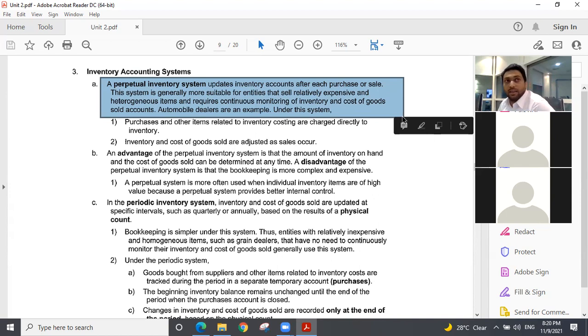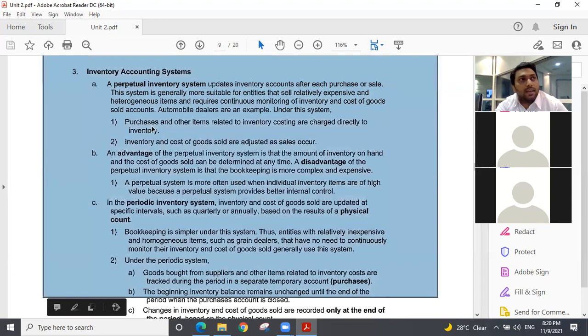Now we have all accounting system software, and the majority support this. When passing the sales, automatically the entry goes and hits. So when you study this, but in practice, yes, we are using the perpetual inventory system.